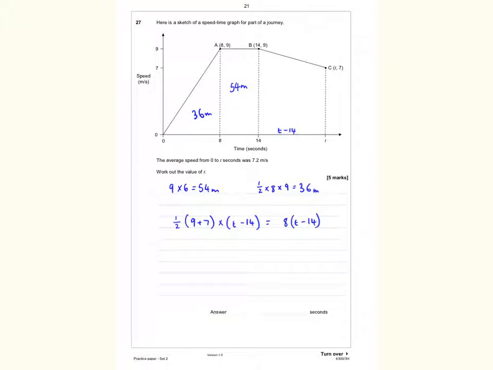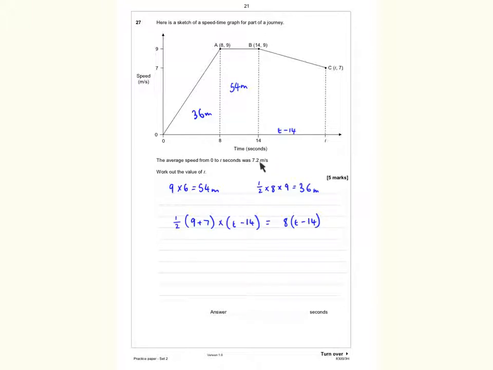Now what we can do is, as distance divided by time gives us 7.2, the total distance is 36, add 54, add the area of this bit here. If I divide that by time, I know that should give me 7.2.